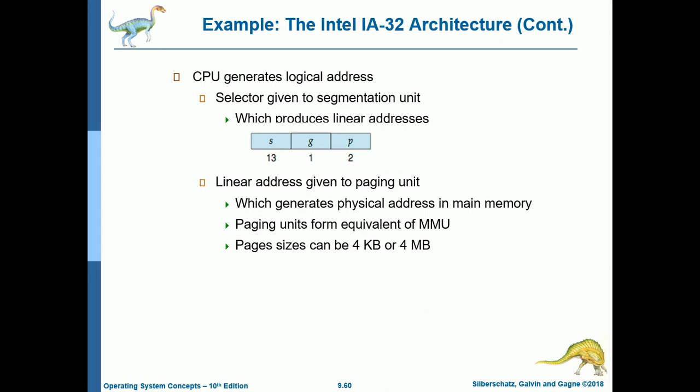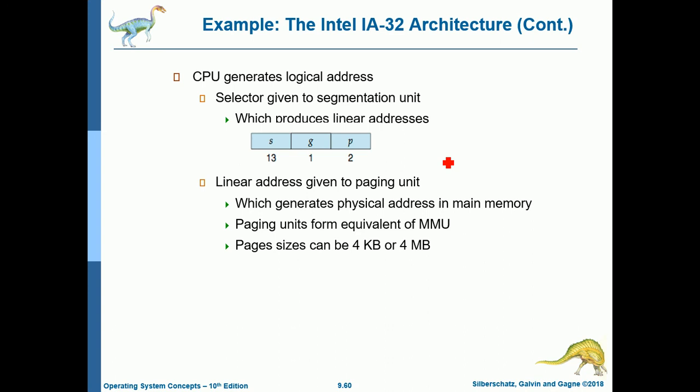The CPU generates a logical address, and the selector is given to the segmentation unit, which produces linear addresses. Here we have S, the segment number; G indicates whether the segment is in the local descriptor table or the global descriptor table; and P is for protection.